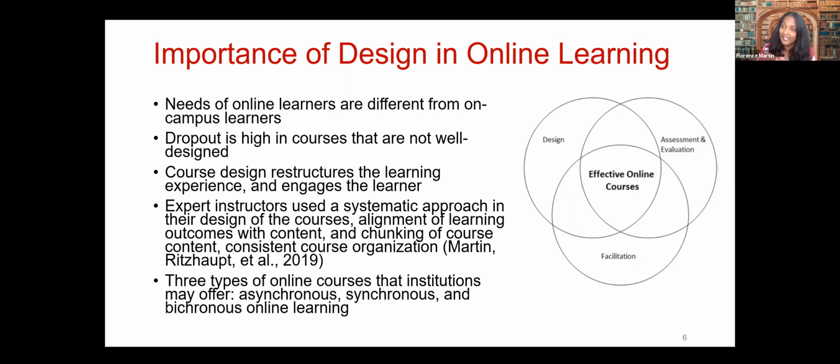But even for facilitation and assessment and evaluation, even though they are separate aspects, there is still a design element that goes into those 2 phases before, right? So if you see those intersections, you have to design how things can be facilitated, or design for assessment and evaluation. So design is definitely a very critical aspect of online learning.